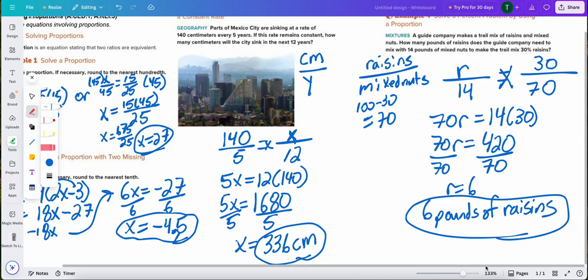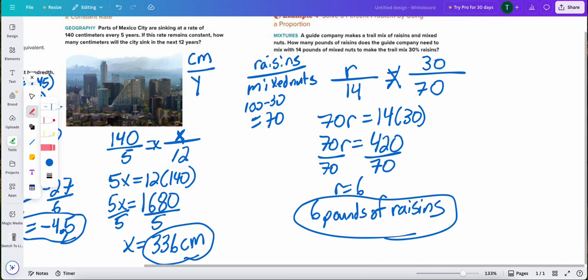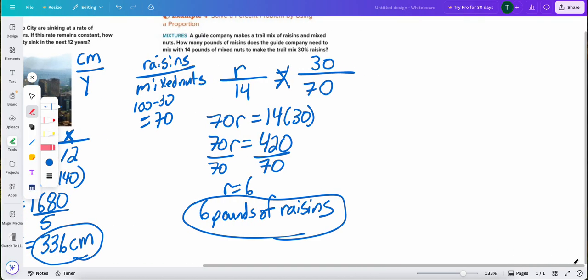Another way to solve this problem, because I'll show it to you, is going to be using, once again, the 30%. But instead of finding our other percentage, we always know that 30 is out of 100. So this would be doing raisins over total instead.